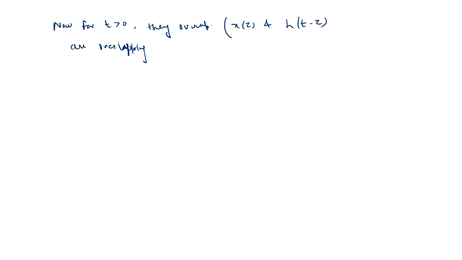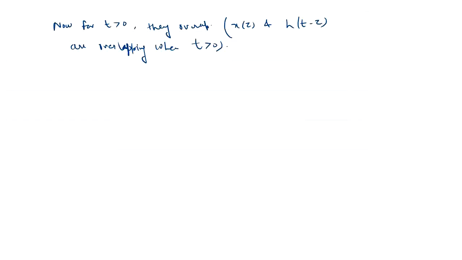For t greater than 0, they overlap. So x(tau) and h(t minus tau) are overlapping when t is greater than 0.